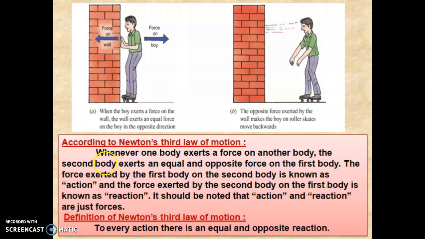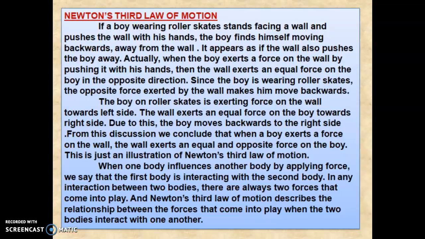You can see here, the boy exerts a force on the wall. So the wall exerts an equal force on the boy in the opposite direction. So what happens? The boy moves backward.